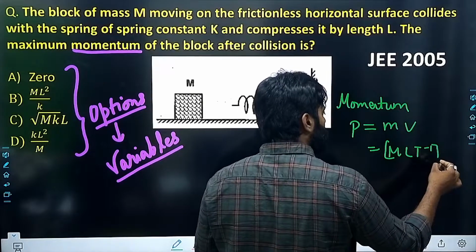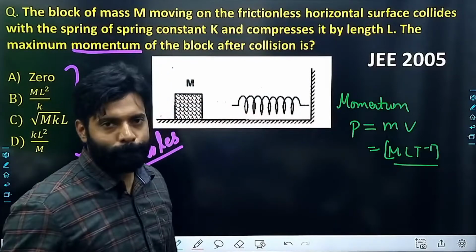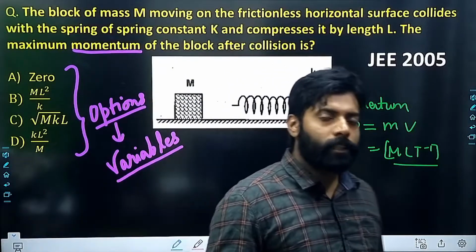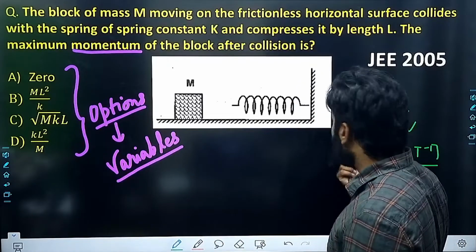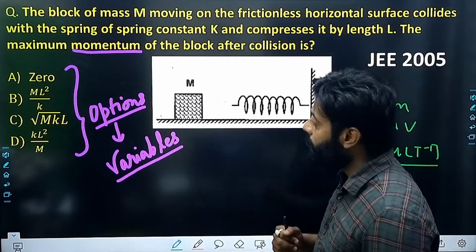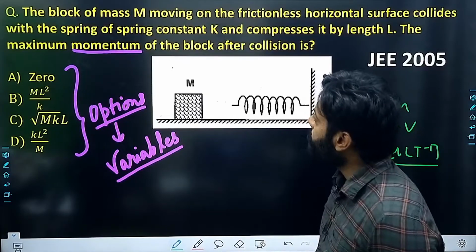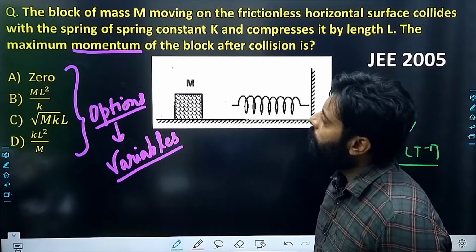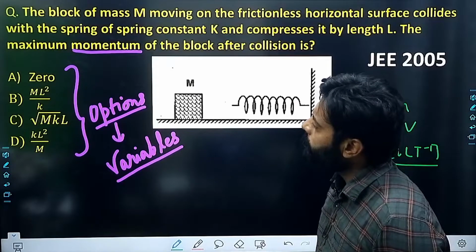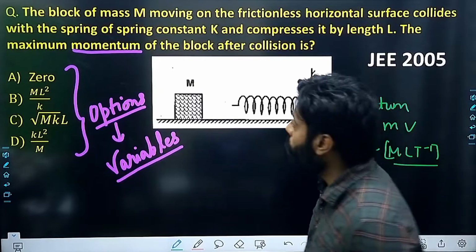So this must be the dimension of the answer, and the answer must be carrying mass, length, time, right? But we are getting some other quantities as well, like here k is included in the question.